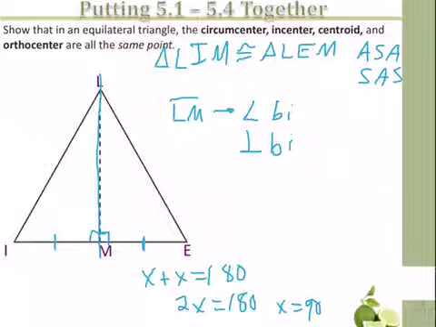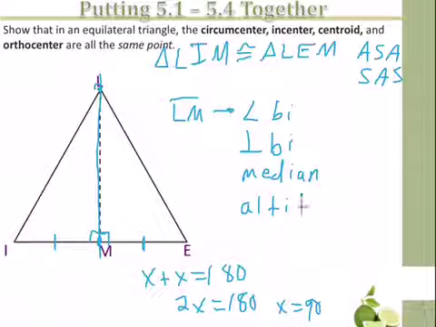What else? It's going from midpoint to a vertex. M is the midpoint and L is the opposite vertex, so that means it's a median. And it's going from a vertex to the opposite base. That makes it an altitude too. Holy smokes, it is every single one of the things that we've shown in the last 4 sections, except for mid-segment, but that's a weird one anyway.